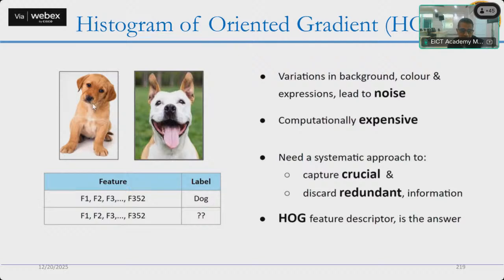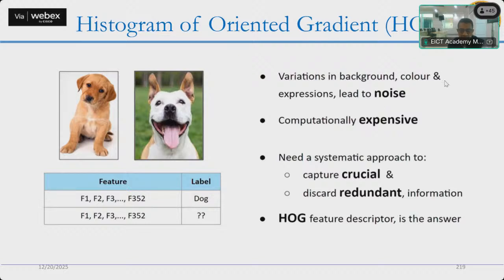So remember, both these two talks are there. But what is important is that with the oriented gradient, you are also able to distinguish which dog's mouth is open. That can also be calculated. Variations in background color and expression basically lead to noise.